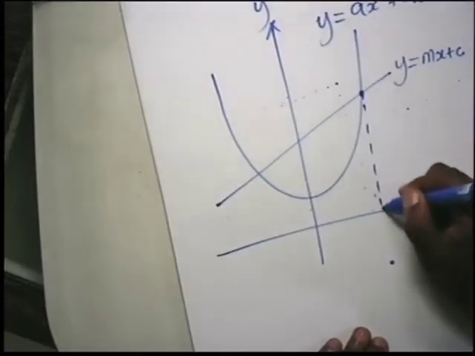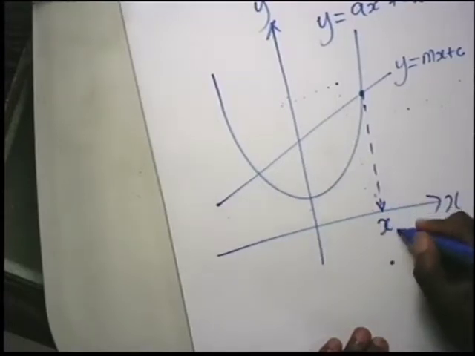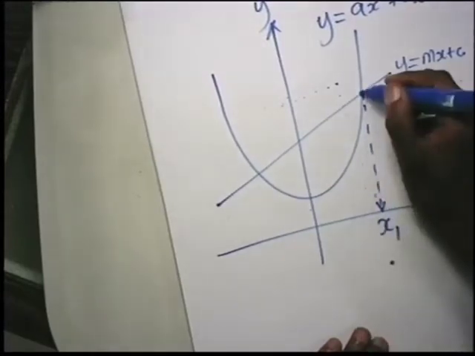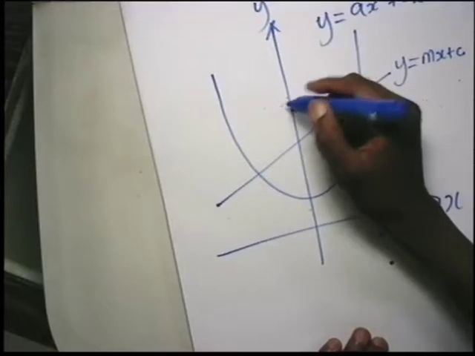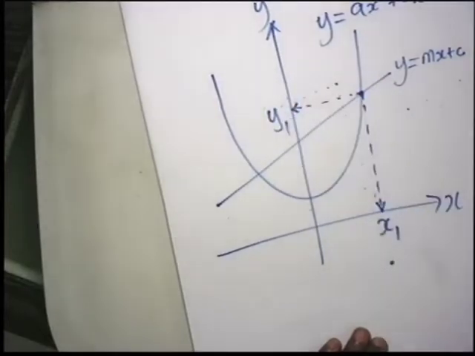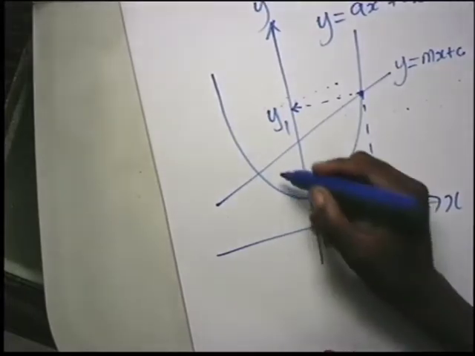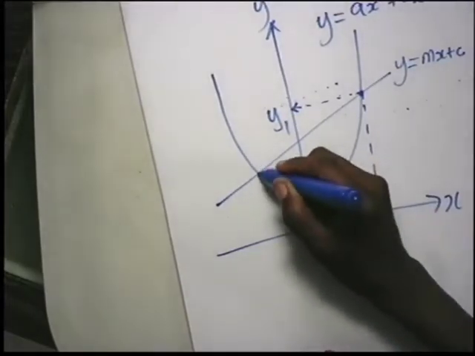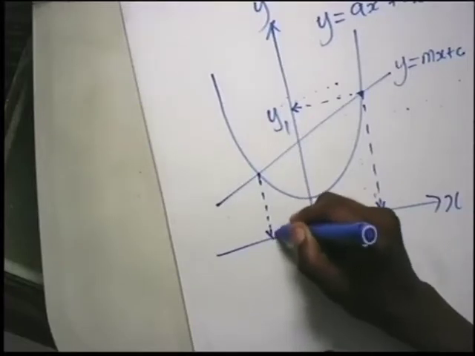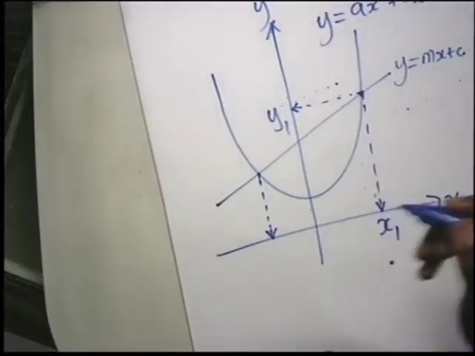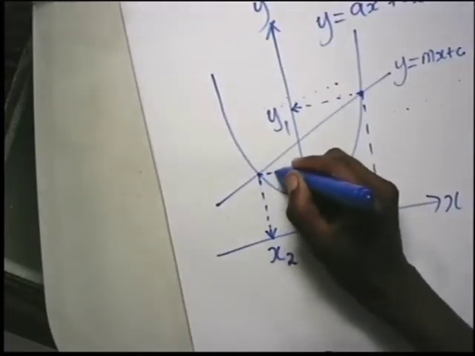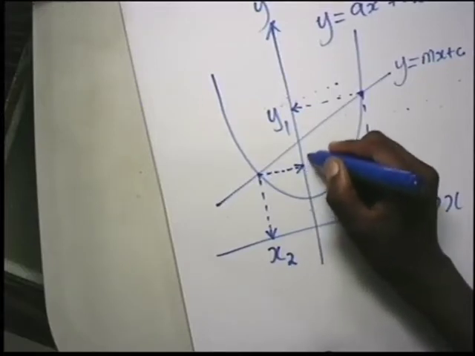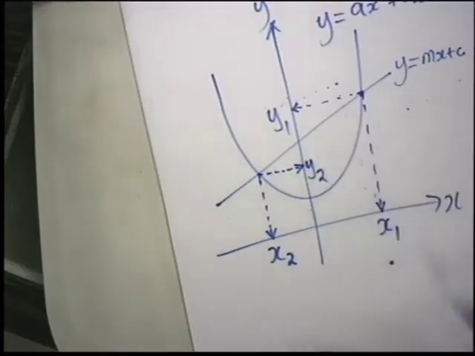So you go down to the x-axis, read off the first x value, and you go across to the y-axis, read off the first y value, and then also for the other two, you go from the point of intersection down to the x-axis, read off the second x value, and again from the point of intersection going to the y-axis, read off the second y value.